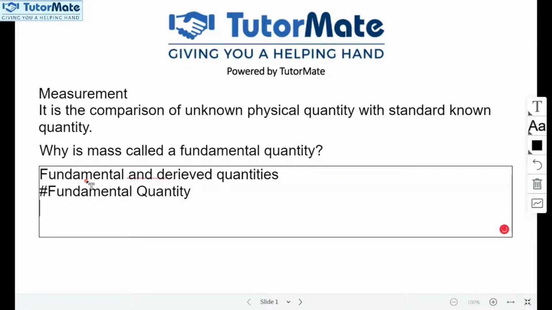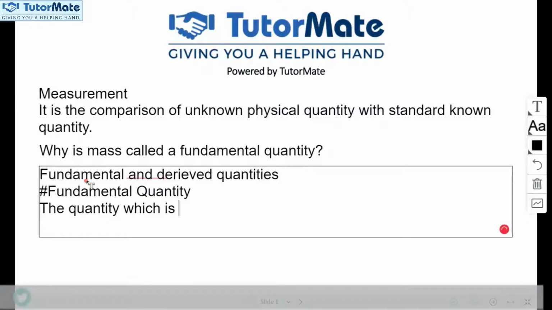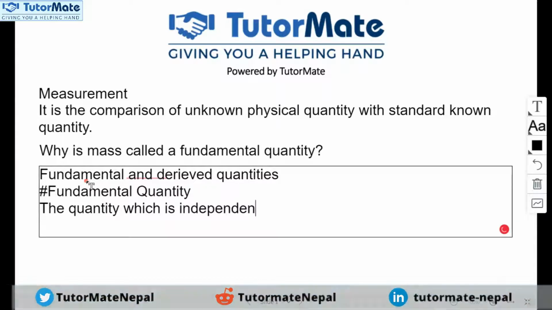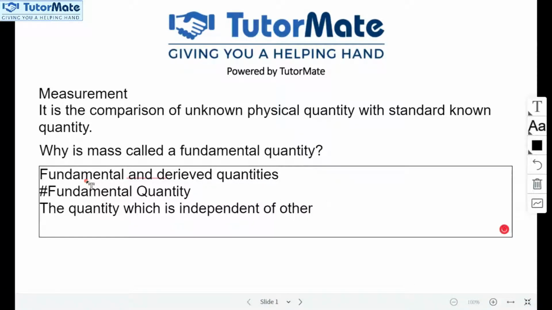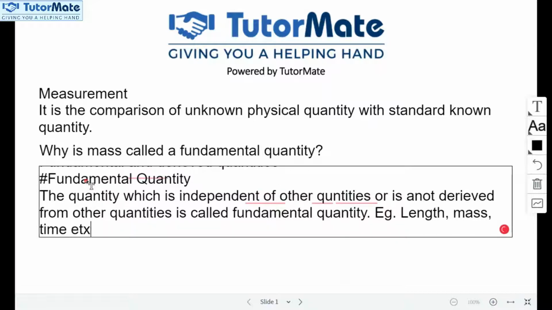A quantity that is independent of other entities, not derived from other entities, is called a fundamental quantity. Example: length, mass, or time.